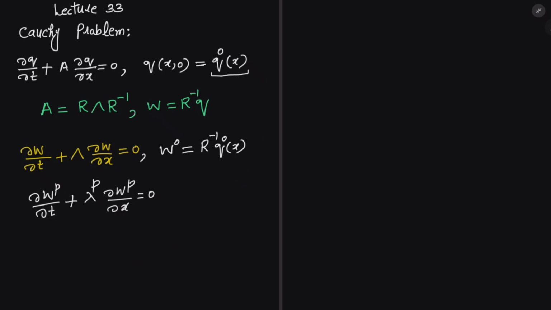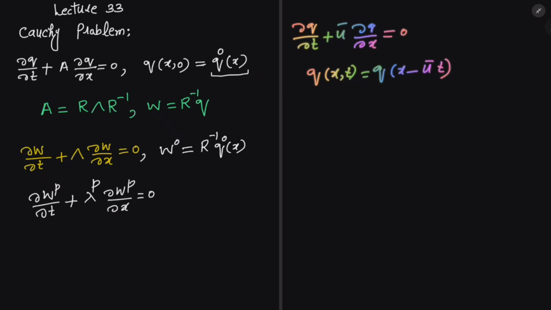We know that if we have a solution of advection equation like this, this is our advection equation and the solution contains, for example, q of x minus u bar t.